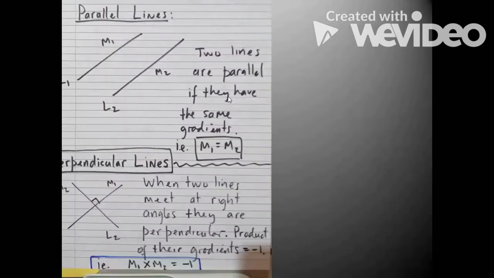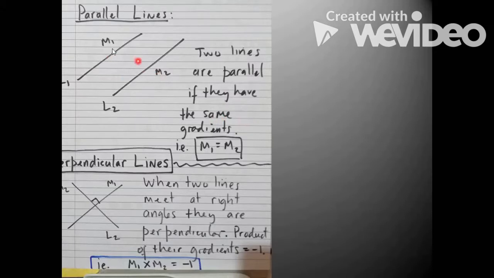All right, so we have two types of line. We have what we call parallel lines and perpendicular lines. Two lines are parallel if they have the same gradients.